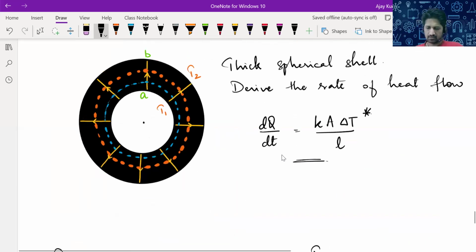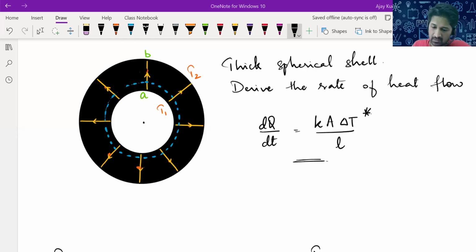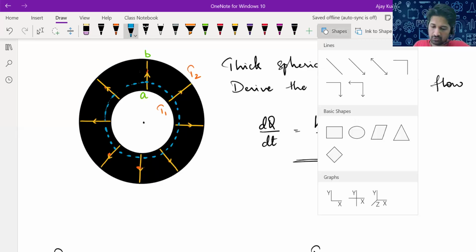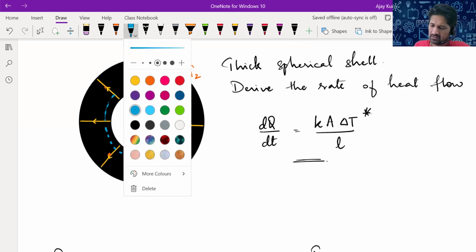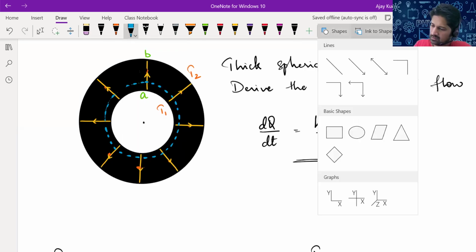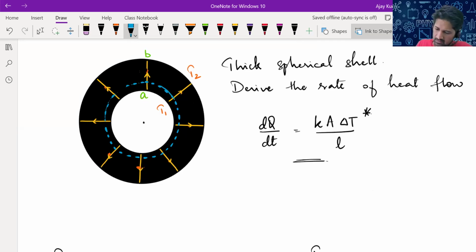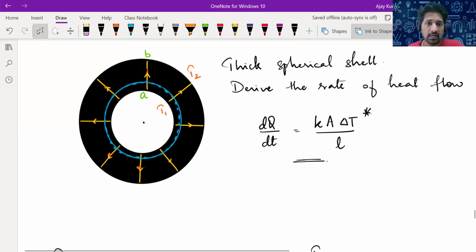So let us do that in case of this sphere itself. As heat flows radially outwards, radially outward means along the radius in the outward direction, let's consider a spherical layer through which heat is passing. I'm showing that layer in blue. And that layer should have some thickness.